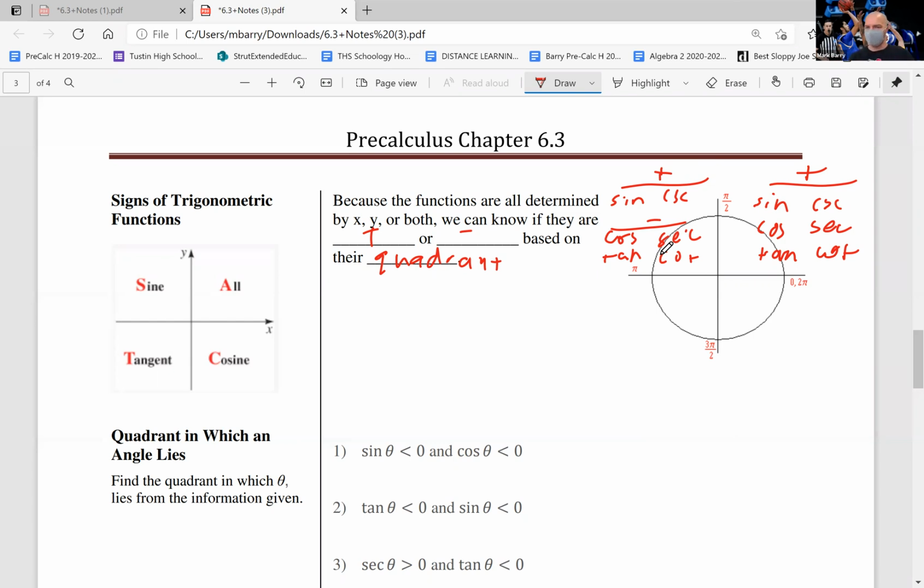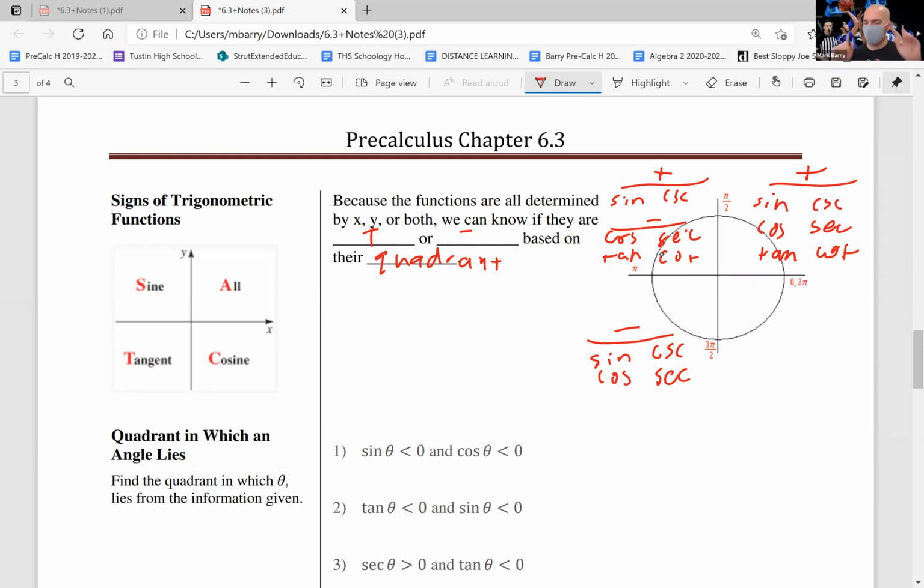Okay, if we go down to the third quadrant, we know x and y are both negative, right? So that would mean that sine and cosine, as well as their reciprocal functions, are going to be negative. It seems like everything would be negative in the third quadrant since x and y are both negative.